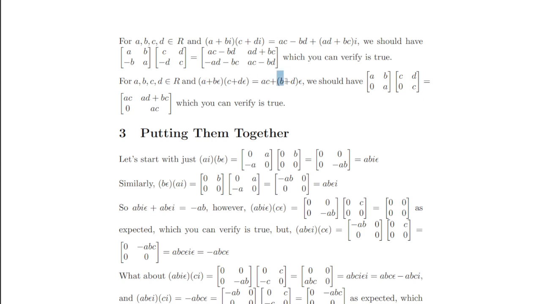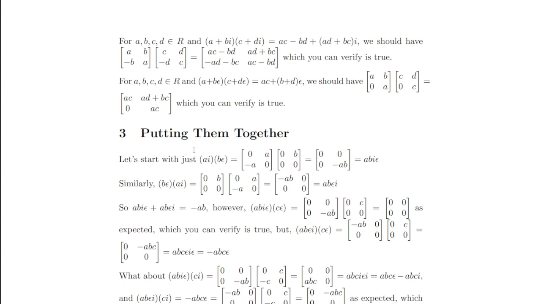The slide has a typo there. That would be [a, b; 0, a] times [c, d; 0, c] equals [ac, ad plus bc; 0, ac], which again you can verify is true. Again, this is a typo. There should be an a here and a b and a c there.